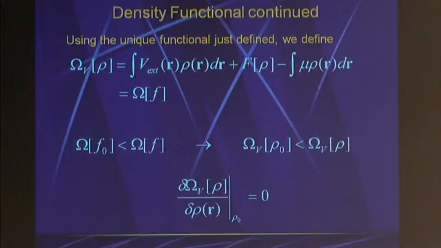So using that F0, we can define a unique ground thermodynamic functional of rho that reads something like this: external potential, ideal gas part, and chemical potential part. And the variational principle is simply that the functional derivative of this functional must be 0 at the equilibrium density.